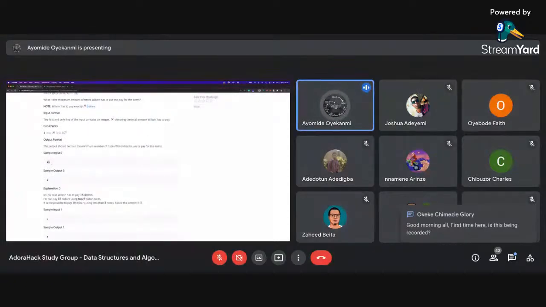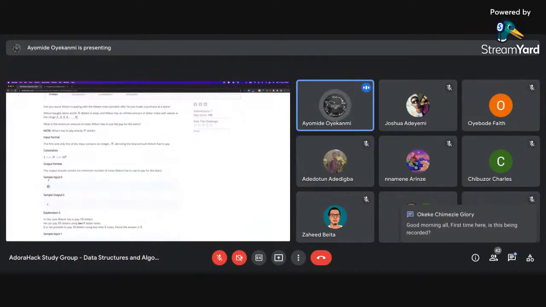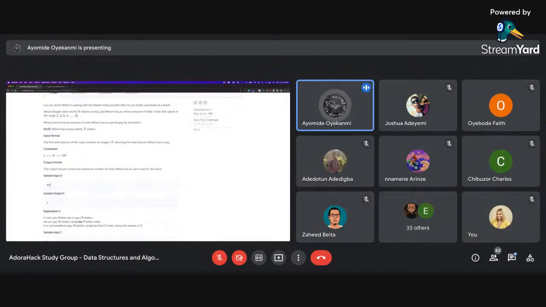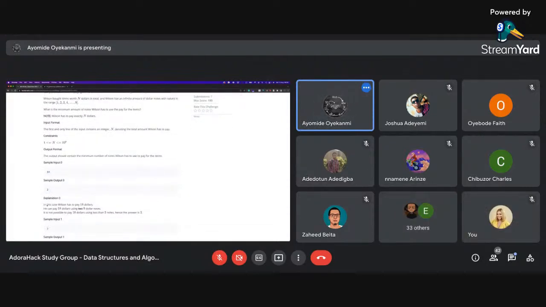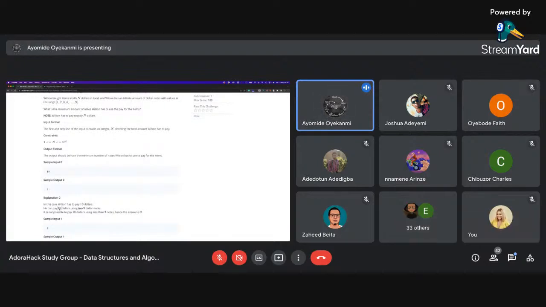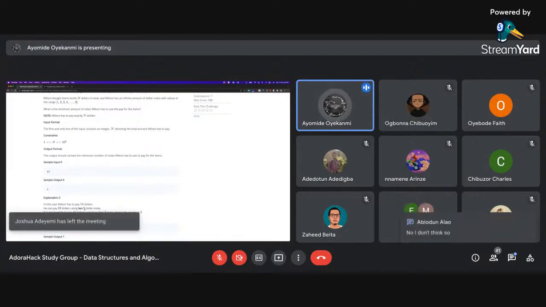So we have 18. So Wilson has to pay $18. And to pay $18, Wilson only needs 2 notes because he can pay $9 twice. So we know he only has notes between 1 and 9. And so to pay 18, he just needs to use 9 twice.